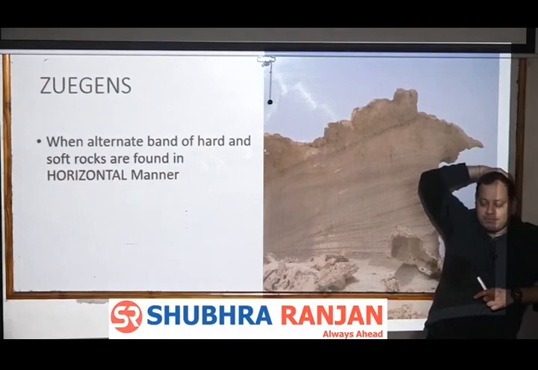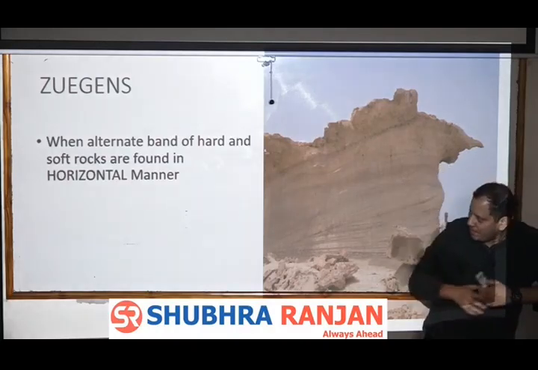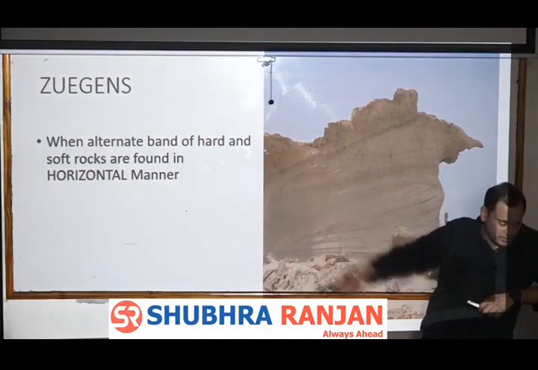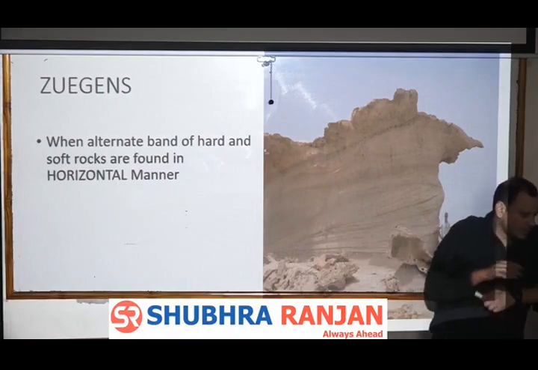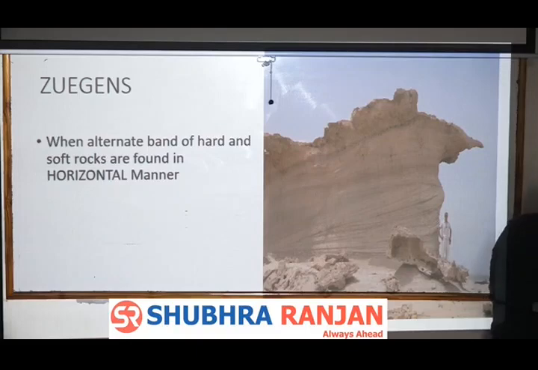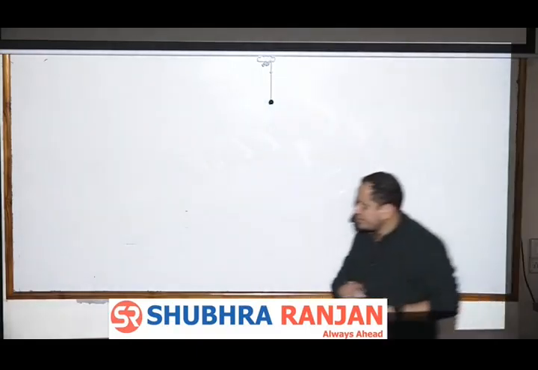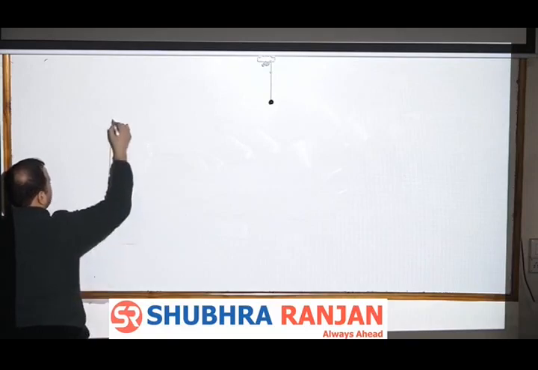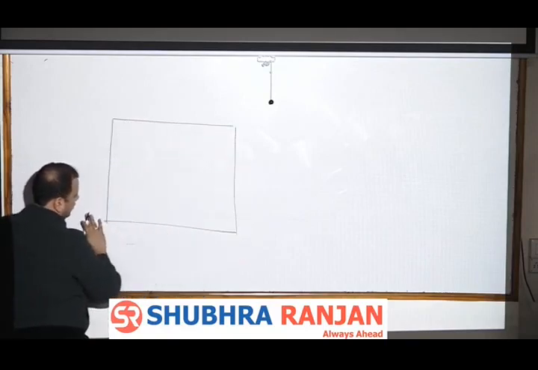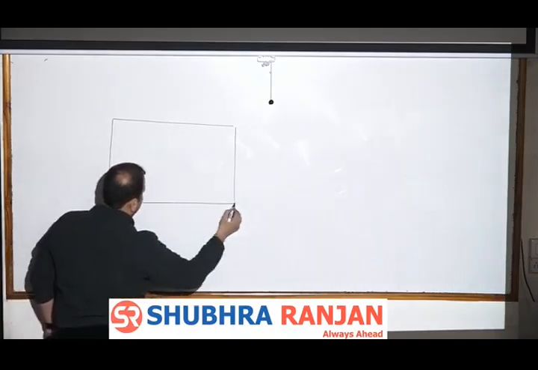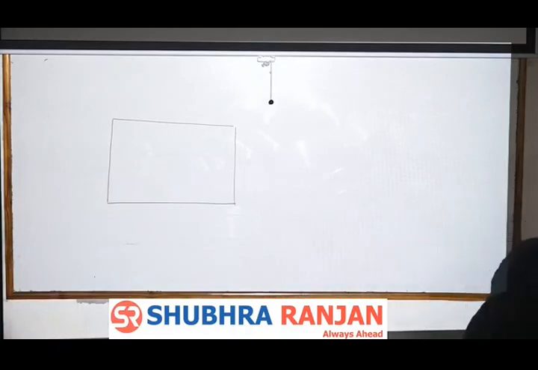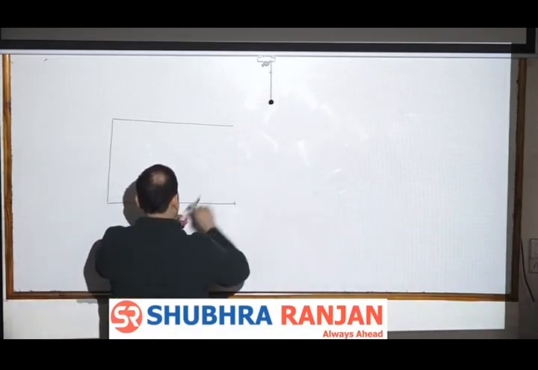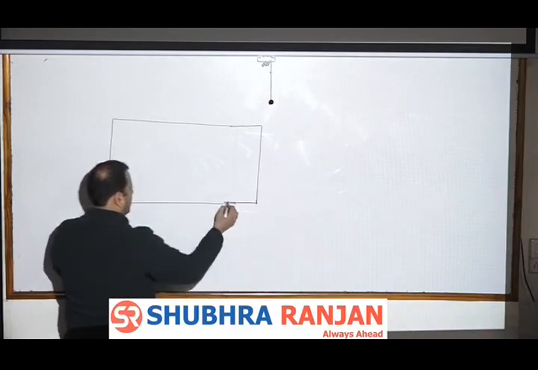When the bands of hard and soft rocks are in horizontal manner, differential erosion of hard and soft rocks gives rise to ink pot topography.